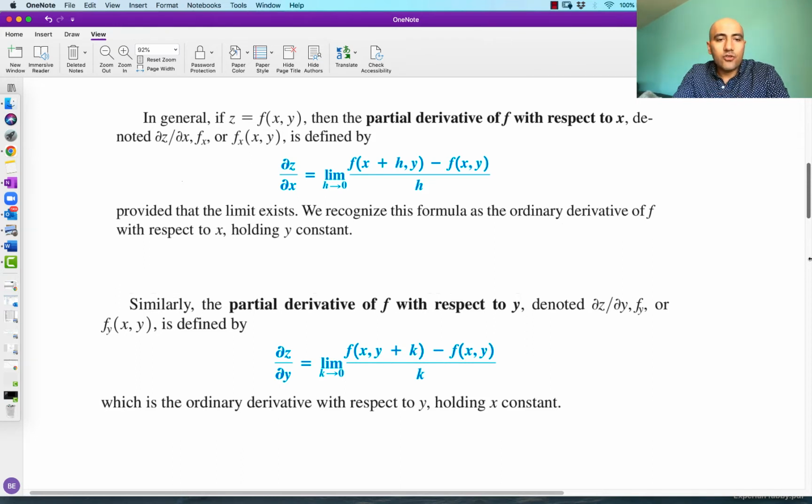Okay, so this should look very, very similar to the derivative equation we just saw. The only distinction here is we've got to pay attention to the fact that there are two input variables, x and y, and one output variable, z. So what we're going to do is hold y to be some constant.